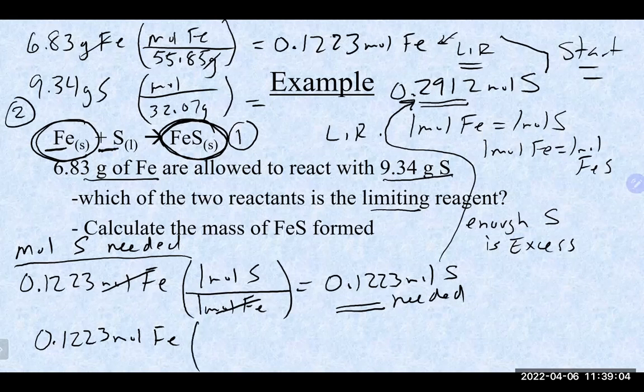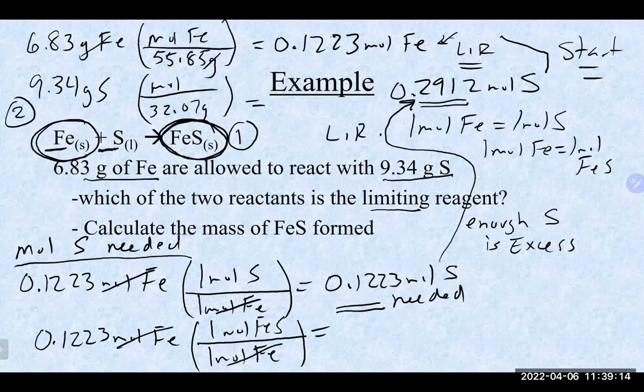So we will do that. And again, the moles of iron will cancel, giving us 0.1223 moles of iron(II) sulfide.